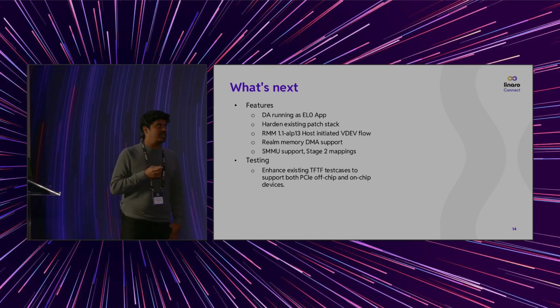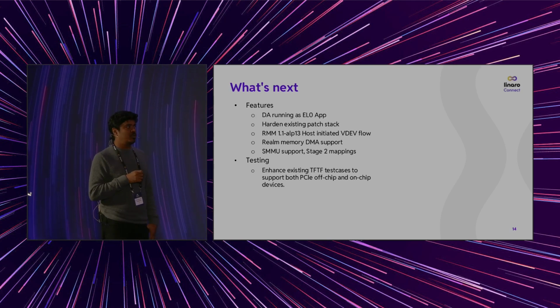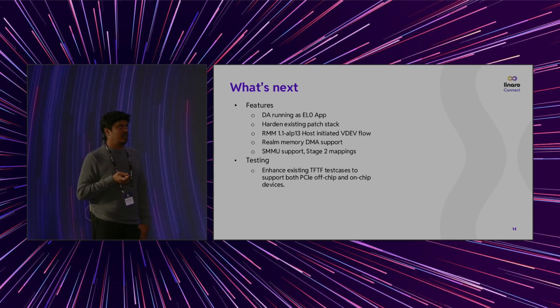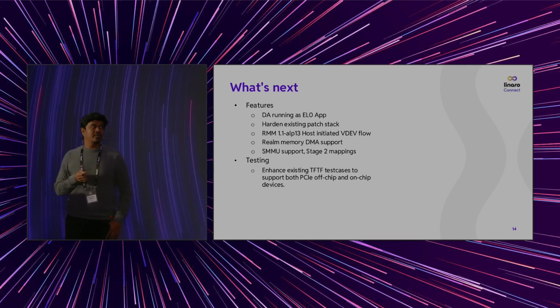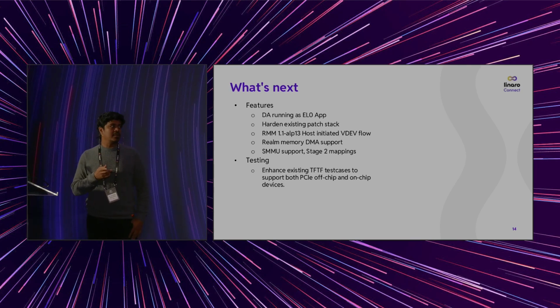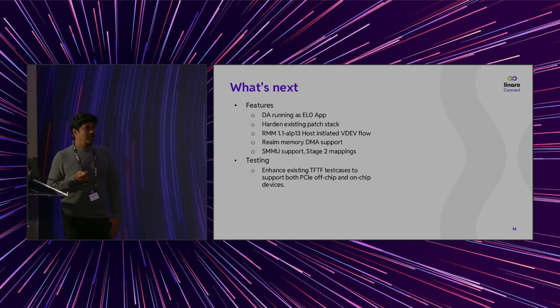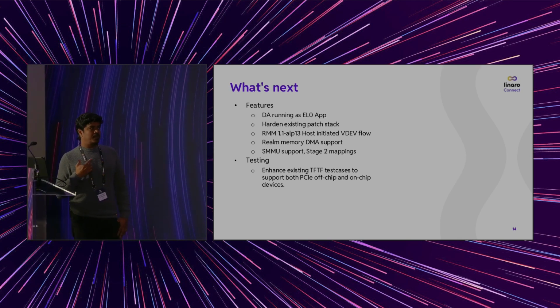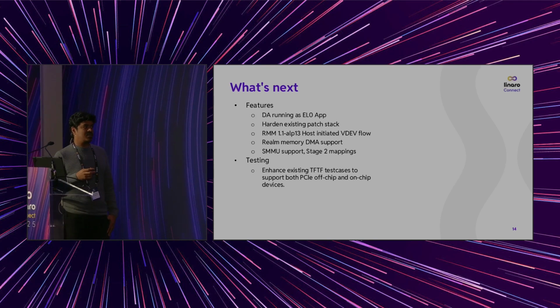device assignment libraries which are in the RMM to a lower privilege level, mainly EL0, using the app framework. There is a talk tomorrow on this by Sobi Matthew. And on the testing front, there is the existing TFTF, which has the bare metal test cases that exercise most of the host side and the realm side ABIs.